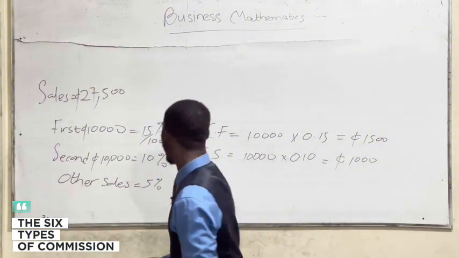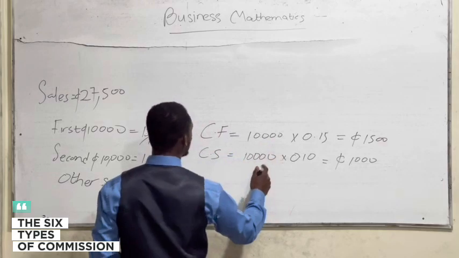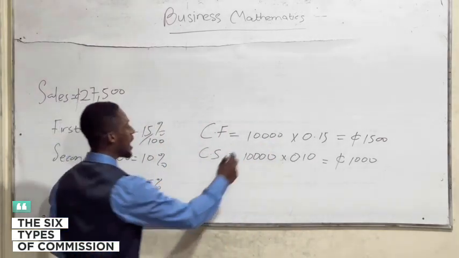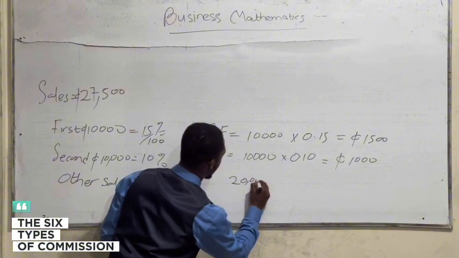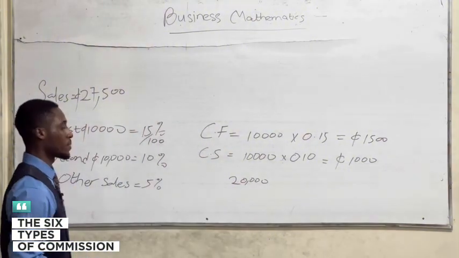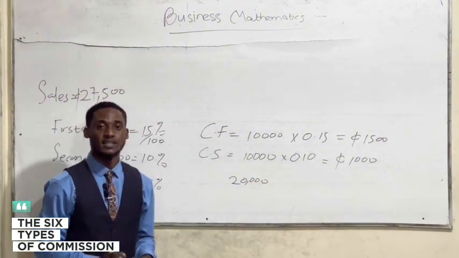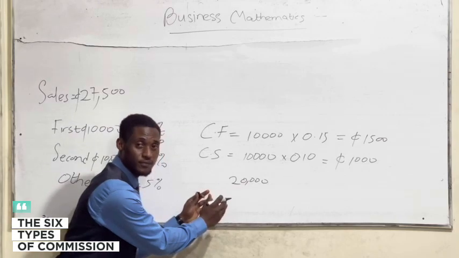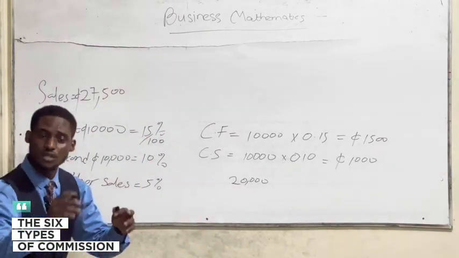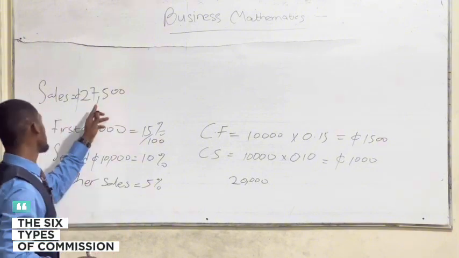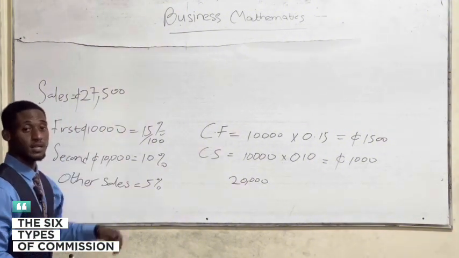And when you add this to this, you get 20,000. Now, the 20,000 you get here, you subtract it from the total sales made, which was 27,500.